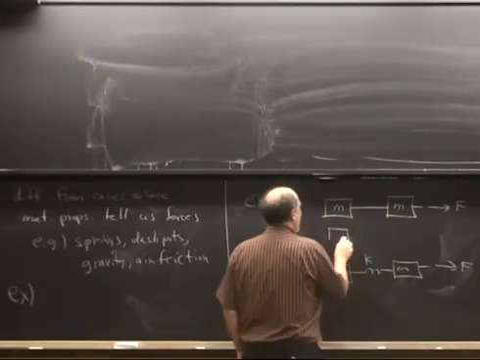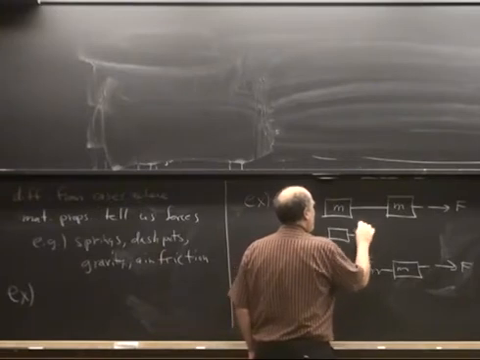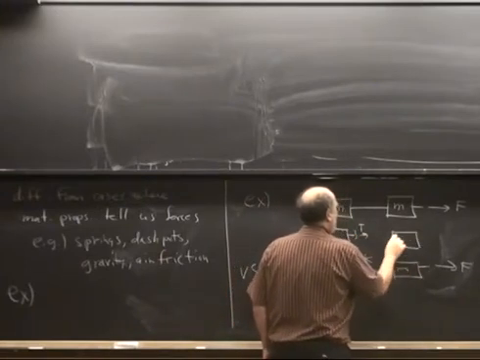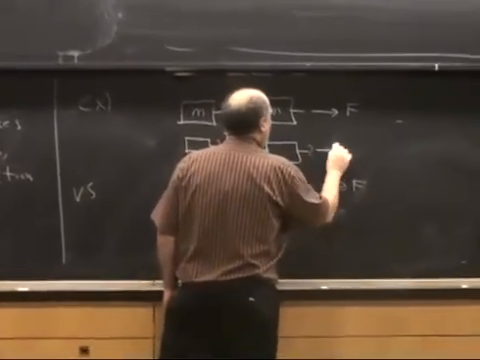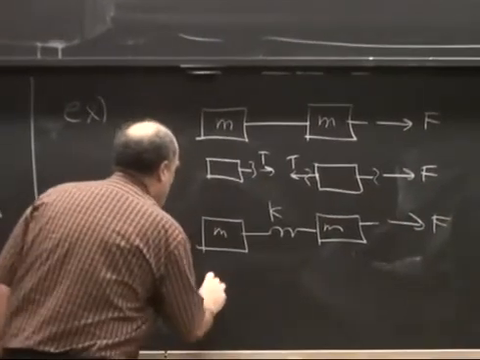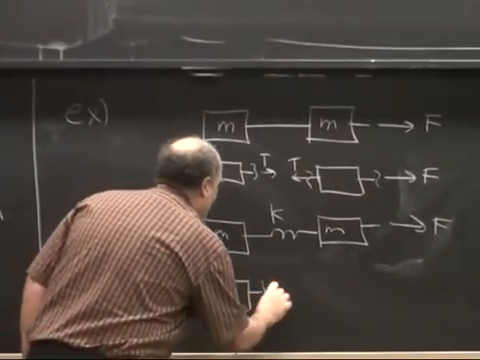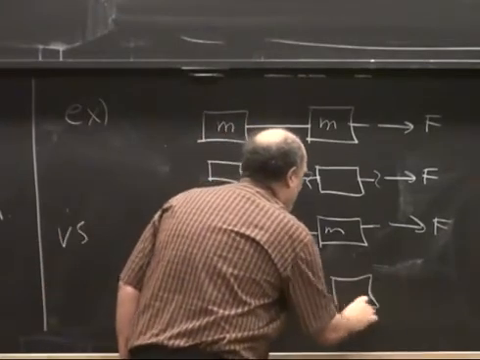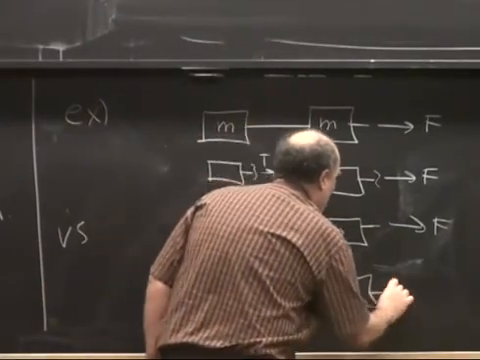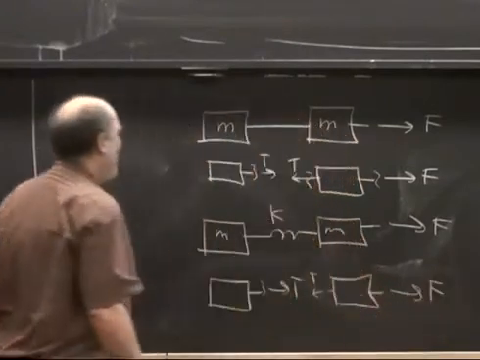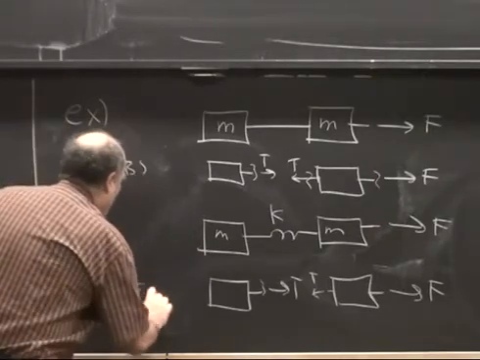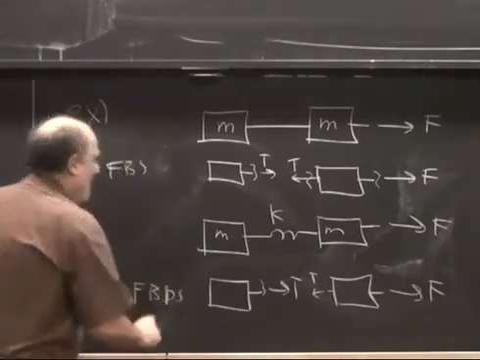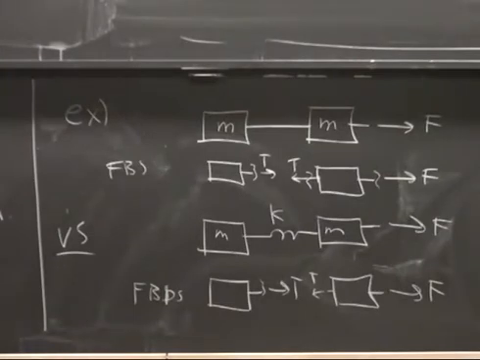Now if we draw free body diagrams of this, we cut this string, we have a tension. We draw a free body diagram of this, we cut this string, we have a tension. And we go over here and we've got this force. And when we draw free body diagrams in this situation, we cut this spring and we've got a tension. We cut this spring here and we've got a tension, and we've got this force over here. So here's the free body diagrams in this case, and here's the free body diagrams in this case, and the free body diagrams look exactly the same. But they're not the same mechanics problem.